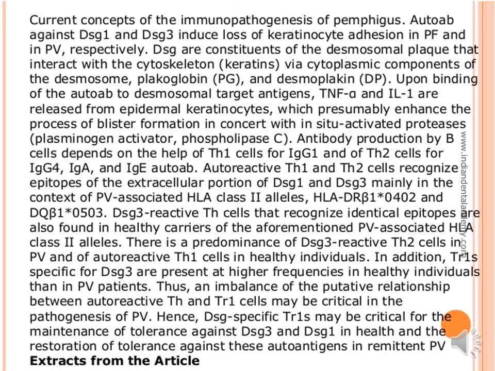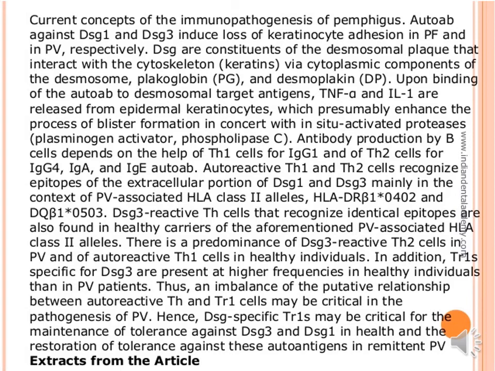DSG3-reactive cells that recognize antithetical epitopes are also found in healthy carriers of the aforementioned PV-associated HLA class 2 alleles. There is a predominance of DSG3-reactive Th2 cells in PV and of autoreactive Th1 cells in healthy individuals. In addition, Tr1 cells specific for DSG3 are present at higher frequencies in healthy individuals than in PV patients.